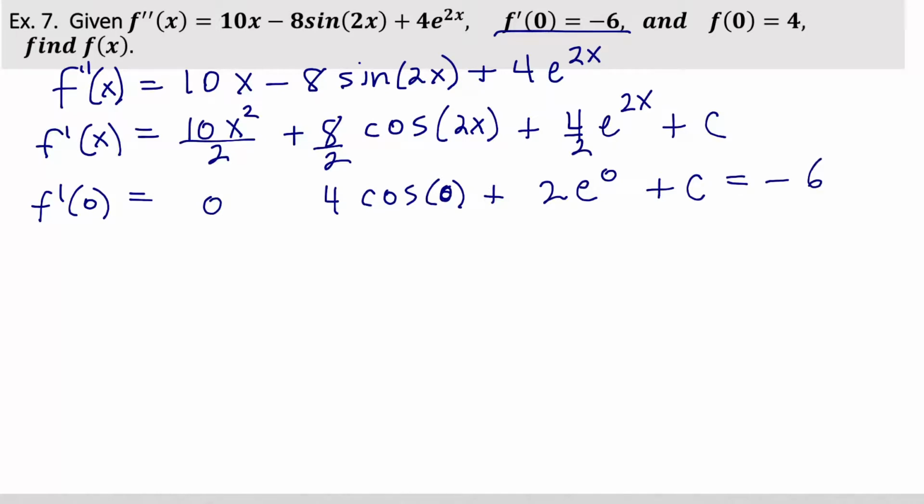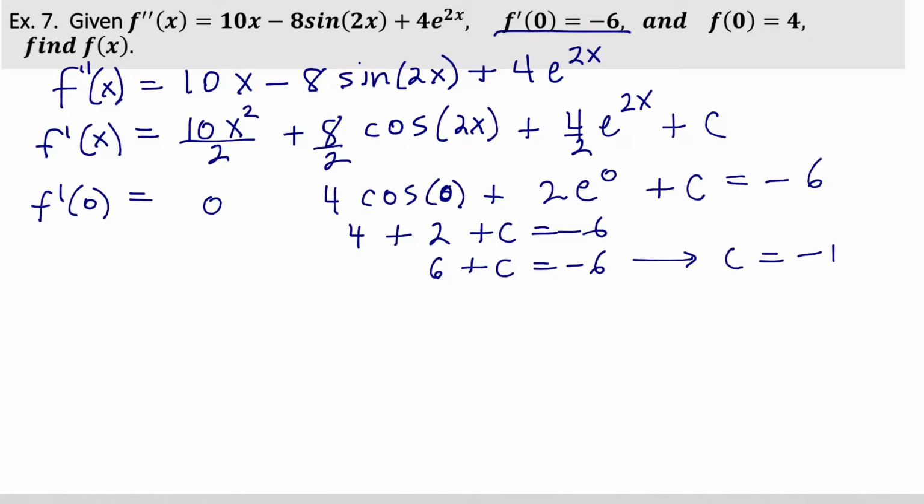So this is 4 plus 2 times e to the 0, which is 2 times 1, which is 2, plus c is equal to -6. 6 plus c is equal to -6. That means c is equal to -12. Now we know everything about f prime of x.